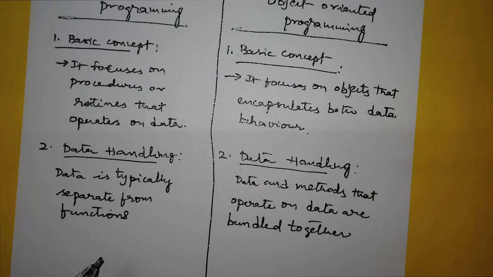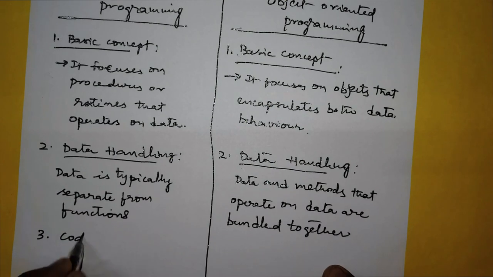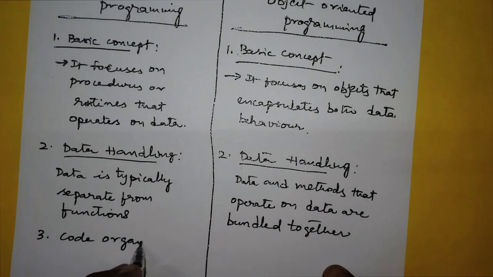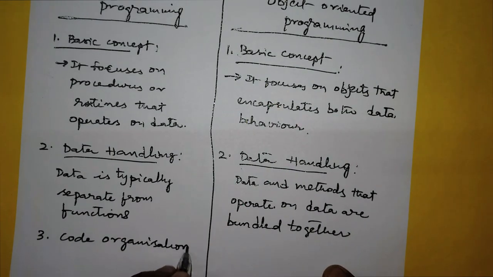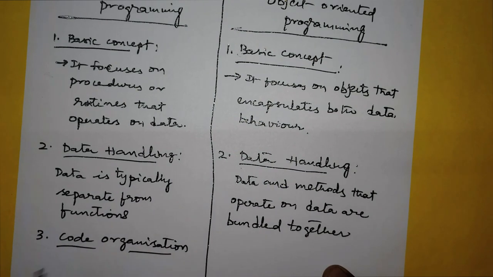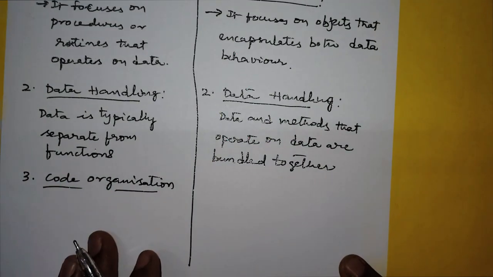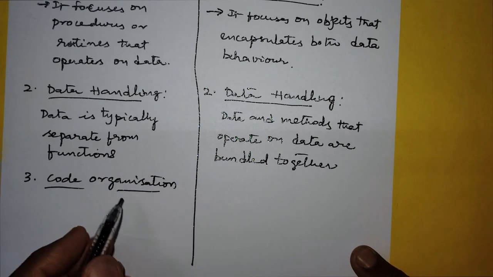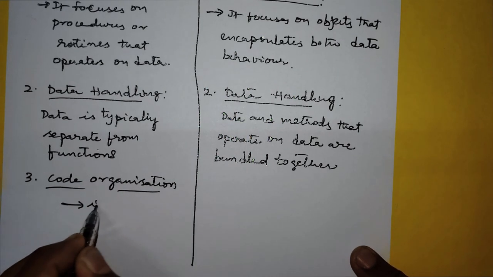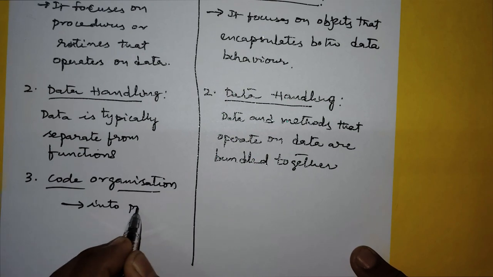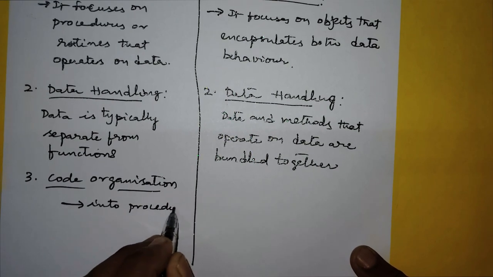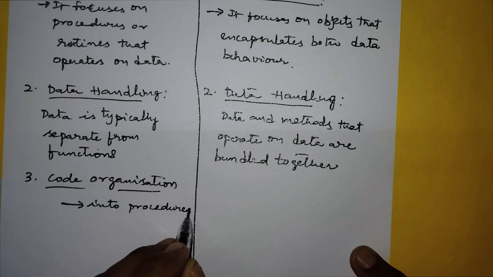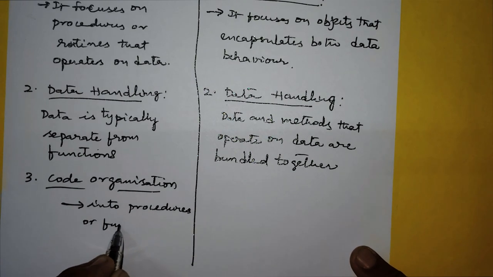The third difference is in relation to code organization. In procedural programming, code is organized into procedures or functions.